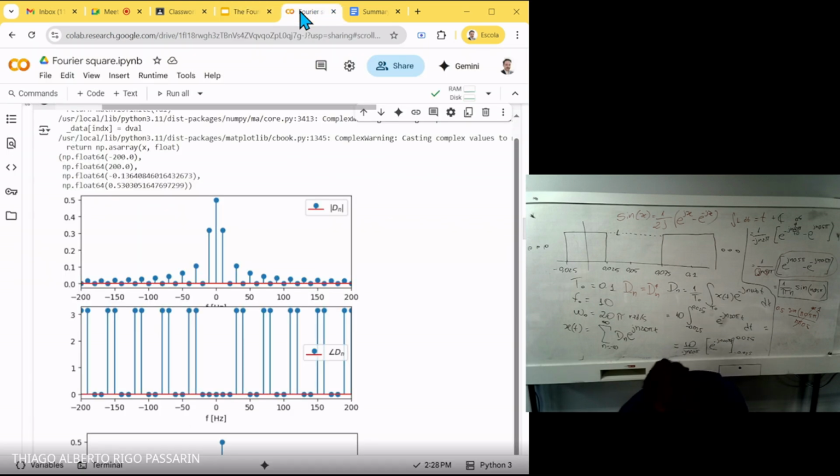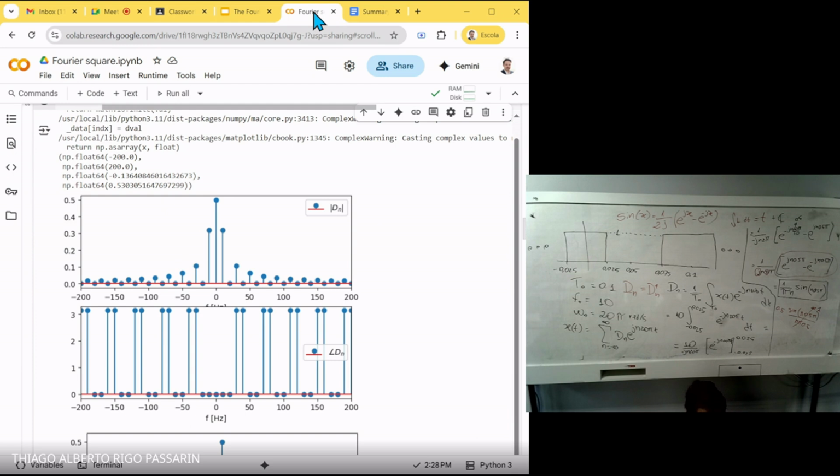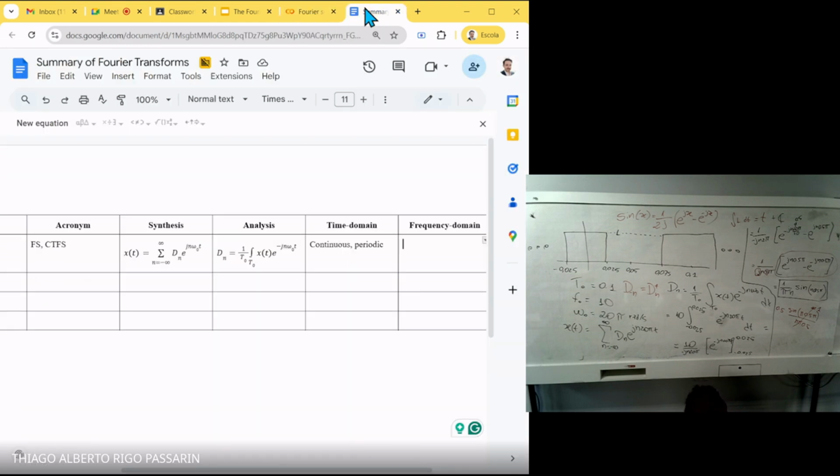So we have a spectrum. What can we say about the spectrum? Frequency domain representation is the spectrum. Is it continuous? No. Do you see a continuous signal here? It's a function of n, so it's discrete.